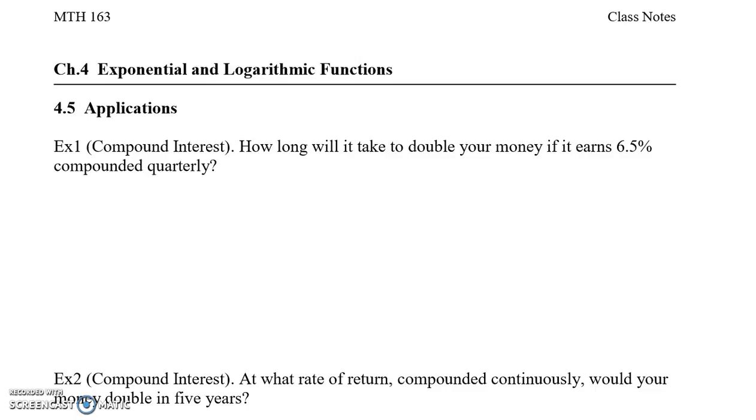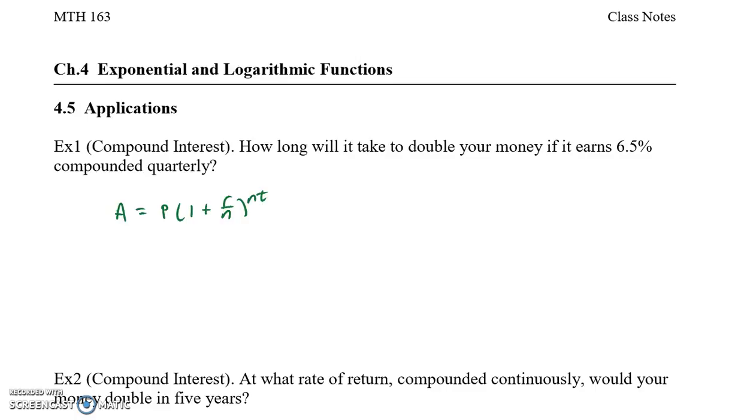Now, for this problem, we need the compound interest formula. So let me remind you of what that is. It's A equals P times (1 plus r over n) to the nt power. P is the amount invested.